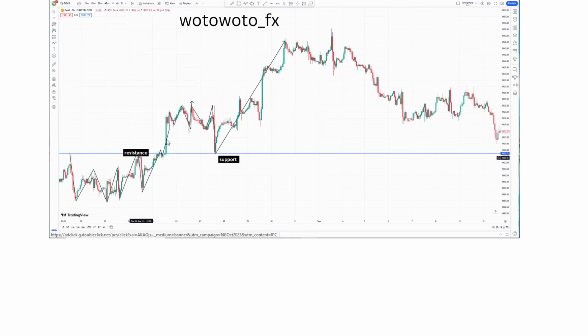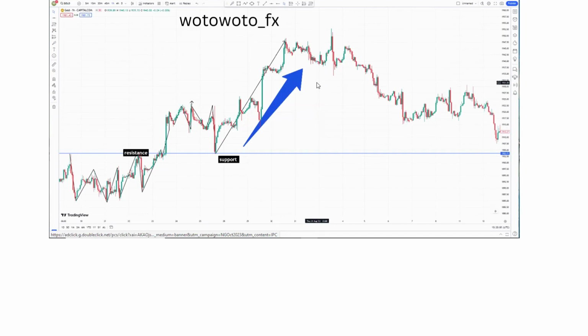This is resistance, and when price broke this resistance level, after all this range in here, it came down to this former resistance and tapped here as a support. And before you know it, price now bought to the upside. So this is actually what happened.